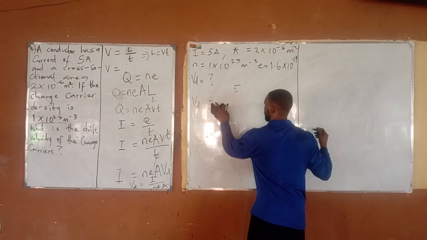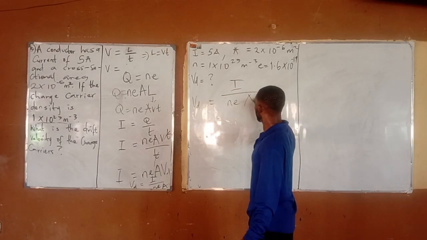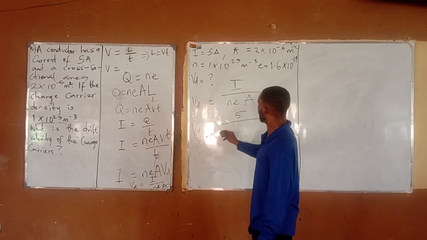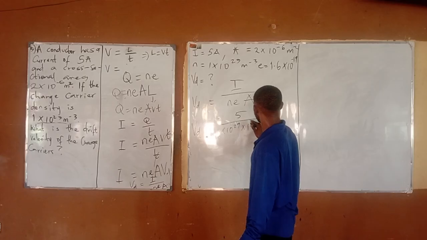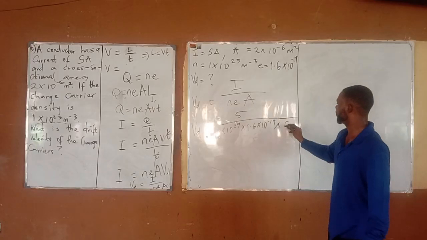So that is v equals I over n e A. v equals 5 over 1 times 10 raised to the power 29 times 1.6 times 10 raised to the power minus 19 times the area given.